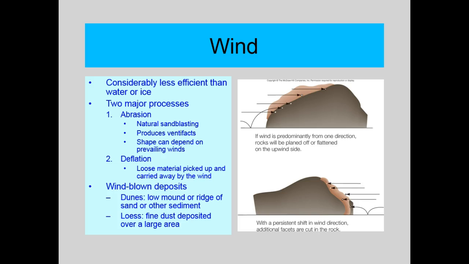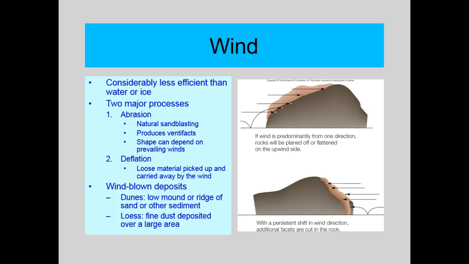Now, if in a certain location you get a change of direction and you have predominant wind from a different direction, then you could start having some wind effects coming from the other side as well, okay? That would be features of the rock that are caused by the wind. Vents are artifacts caused by the wind.